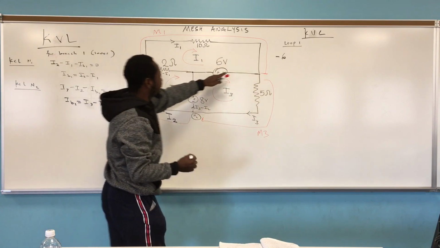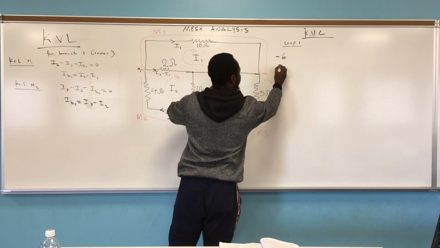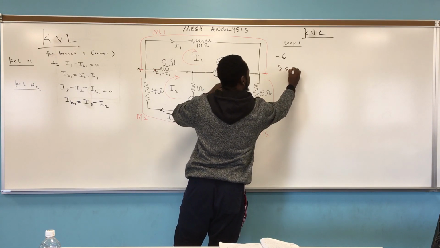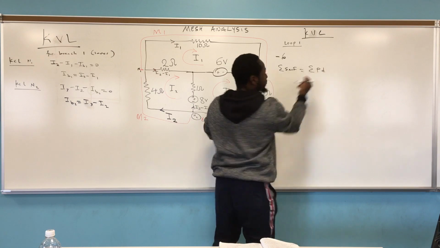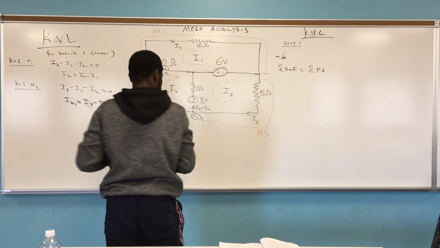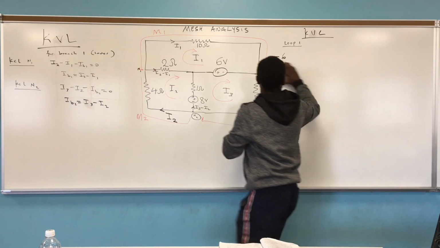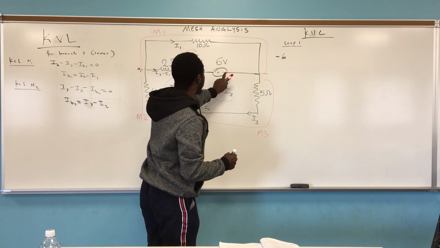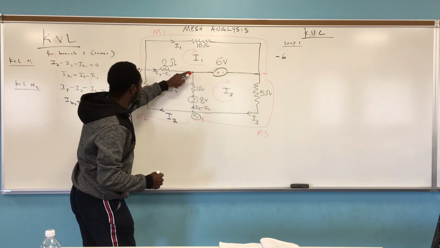If you were writing summation of EMF equal to summation of potential drop, then it's positive. But you're doing summation of everything equals 0, which makes it negative. I always mix that up. So we're going negative to positive, which makes it negative, and then we'll go here.